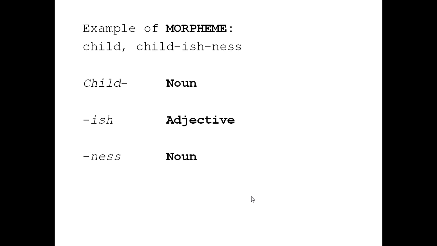And then there's ish, and this actually would already be a word, childish. This ish is a morpheme that modifies the part of speech of the word that it's attached to. And ness, this also modifies the part of speech of the word. Okay, so these two are grammatical morphemes, and this is a lexical morpheme.